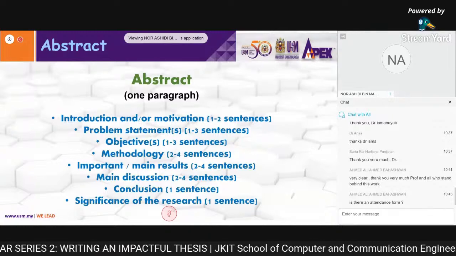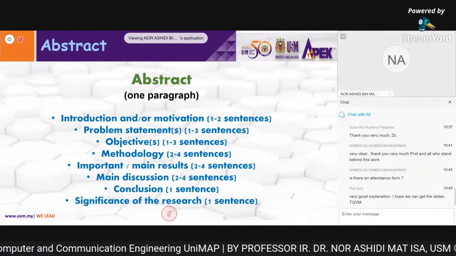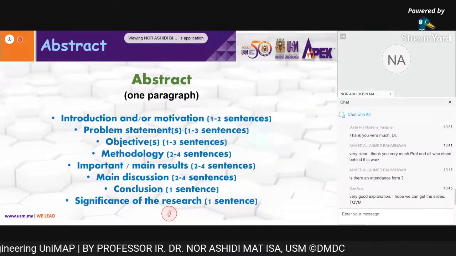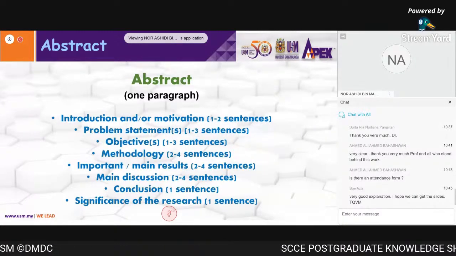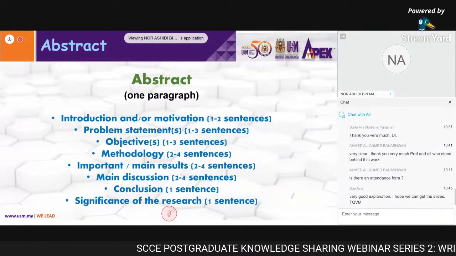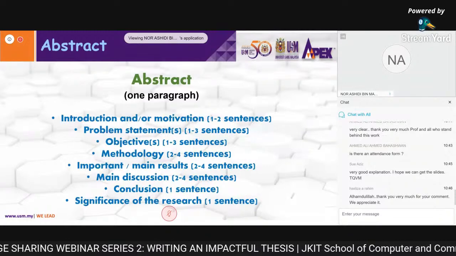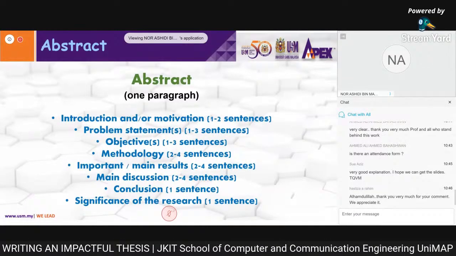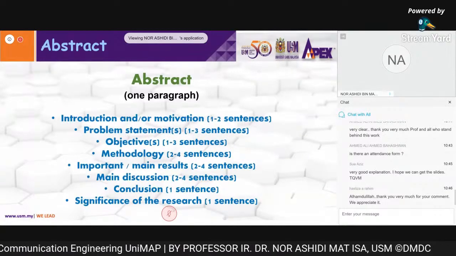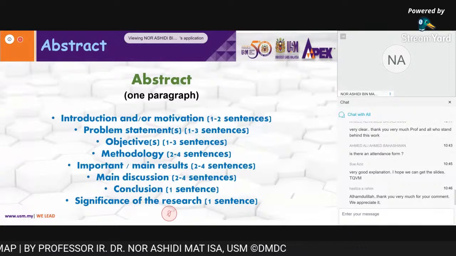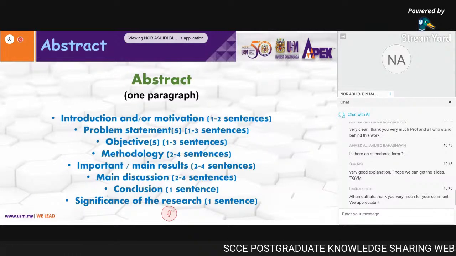It's not just something you do because you love to do research, so you want to do any research without knowing its significance. So you must make sure that the significance is clearly stated, and it should be in 1 paragraph. Okay. 1 sentence is not 1 paragraph. So altogether it must be in 1 paragraph, and try not to exceed 1.5 pages. Try for 1 page or 1.5 pages; 1.25 pages is enough.